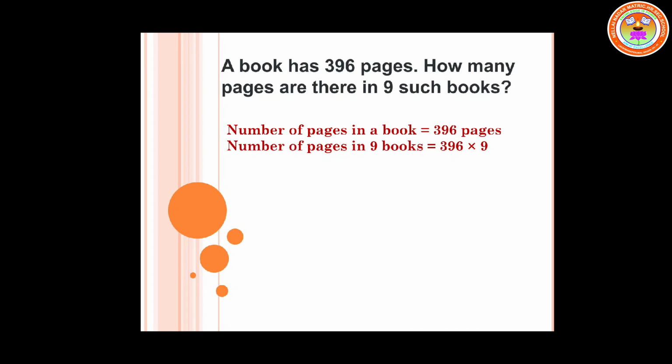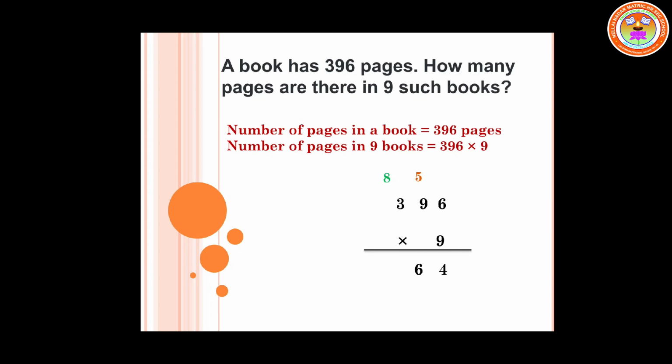So we are going to multiply. So let us start multiplication. You will start with ones place. So 6 into 9. What is 6 nines are? 54. So 4 is written down, 5 is the carryover. 9 into 9. What is 9 nines are? 81. So 81 plus 5 is 86. 6 is written down and 8 is the carryover.